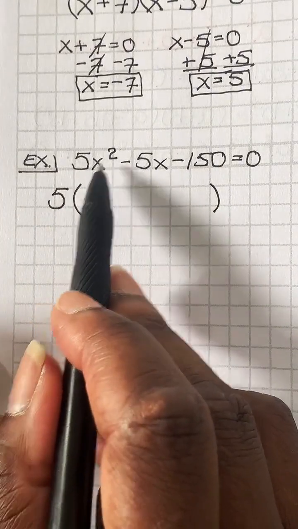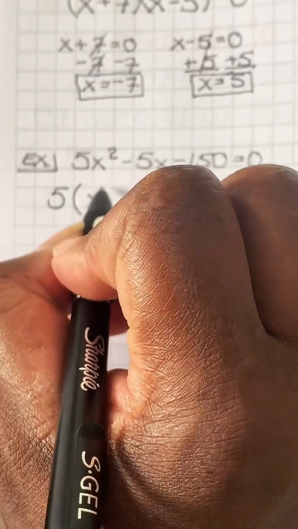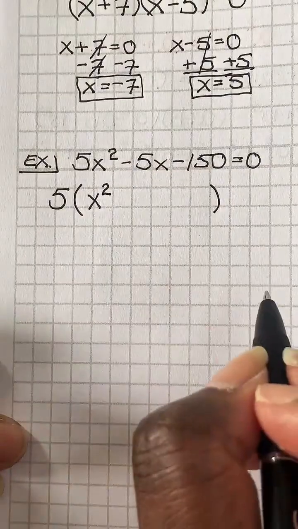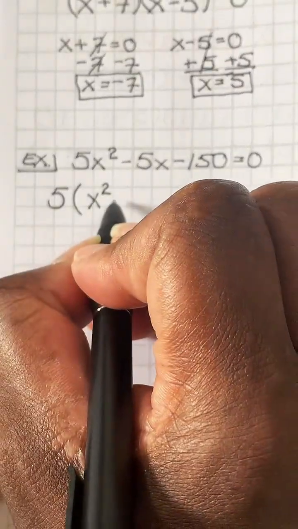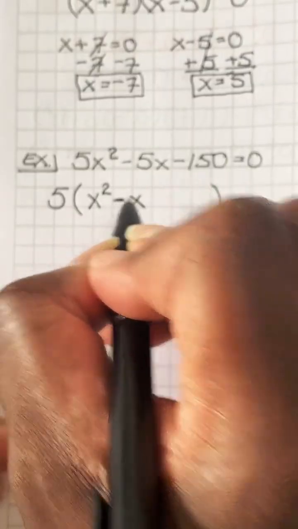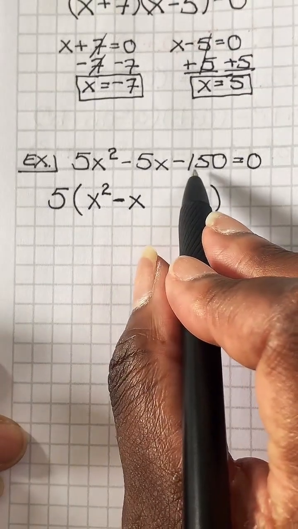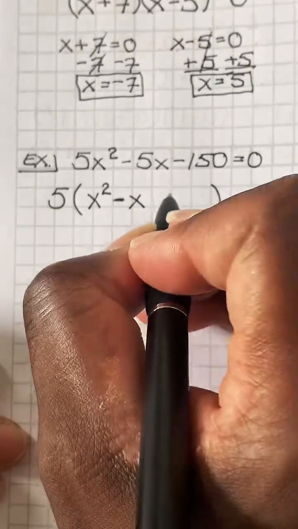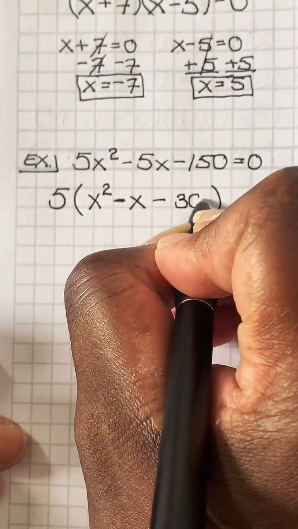So 5x squared divided by 5 will give me x squared. Negative 5x divided by 5 gives me a negative 1x, or just negative x. And then negative 150 divided by 5 will give me a negative 30.